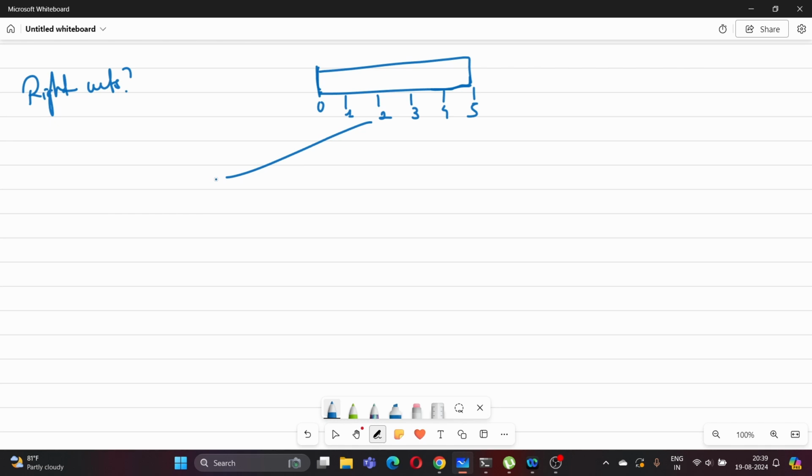Let's say I cut it at 2, so 0, 1, 2 stay on one side and 3, 4, 5 go to the other side. Now what will happen in that case is that for every dissection that you did, you again have to dissect it.